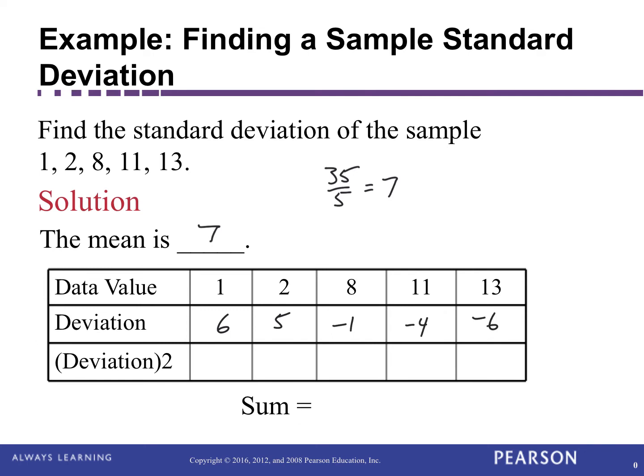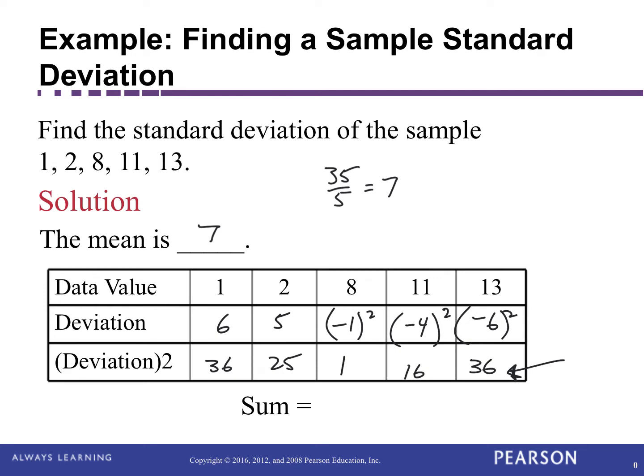But now we're squaring these. So 6 squared is 36. 5 times 5 is 25. Negative 1 squared is positive 1. Squaring 4 is 16. And squaring negative 6 is 36, because a negative times a negative is a positive. So we do that in order to get all positive deviations, so squared.